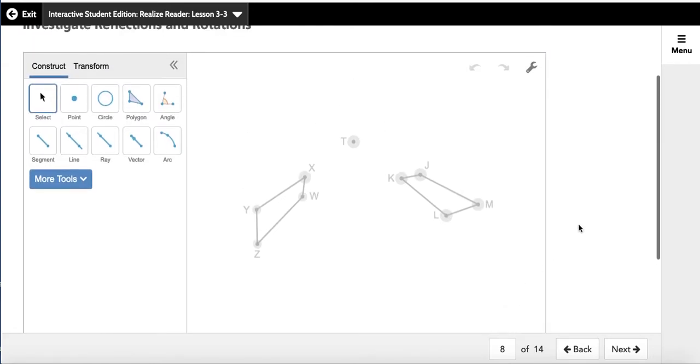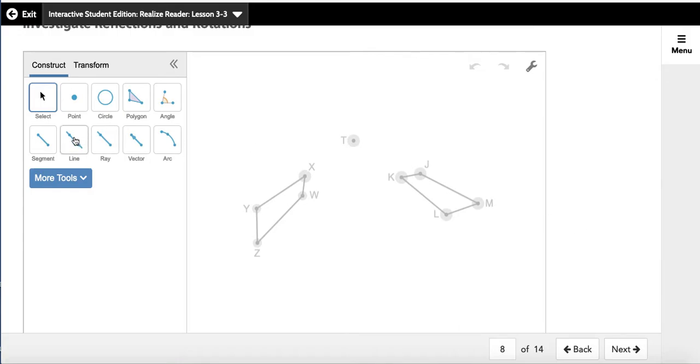All right, first draw a line that does not go through T. I know I'm going to reflect the image, so that's why I was trying to get it away from there. I don't want it to be too close to that. Maybe I should move this. Let me try again. No, I'll keep it.